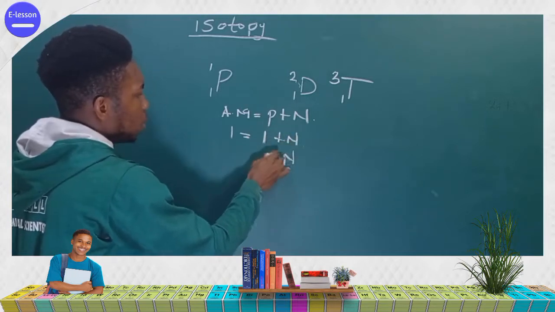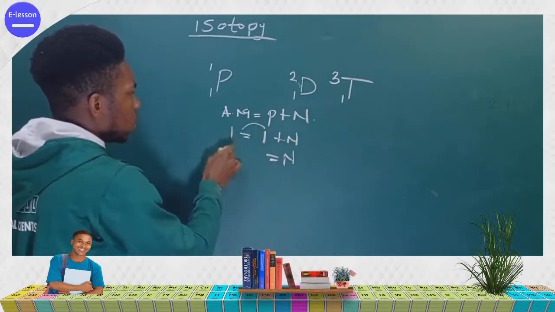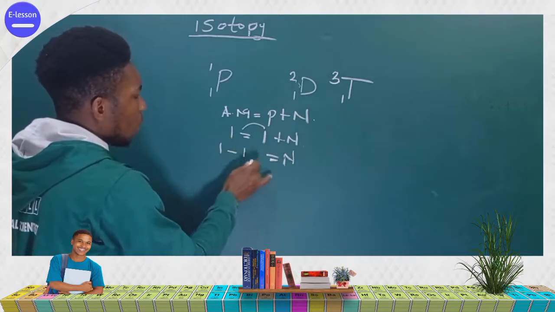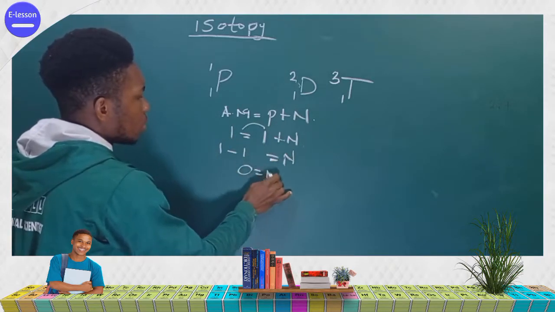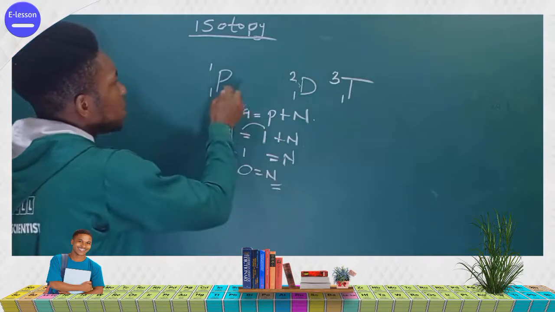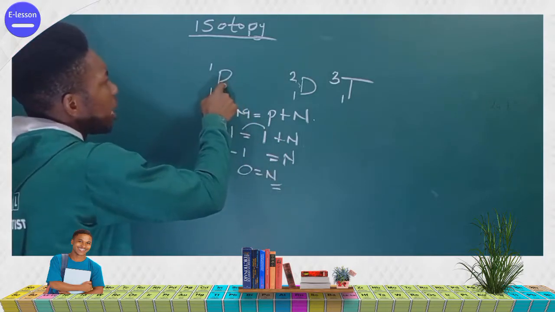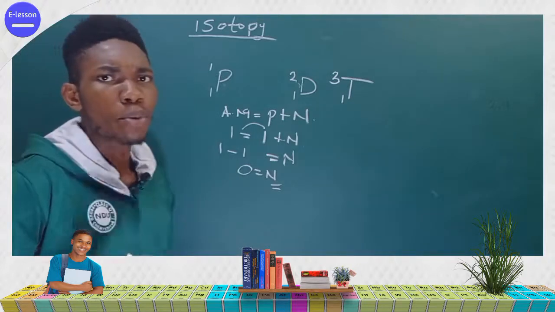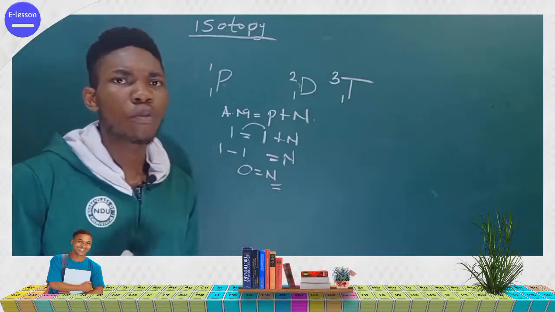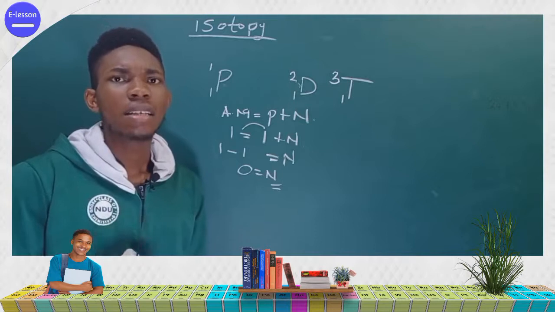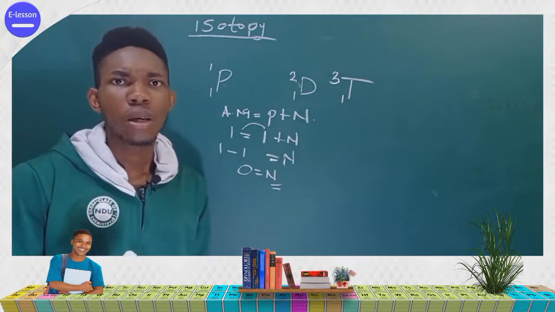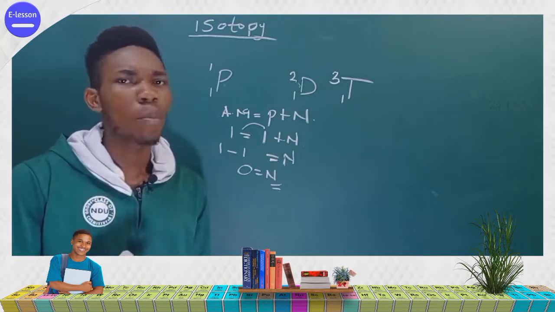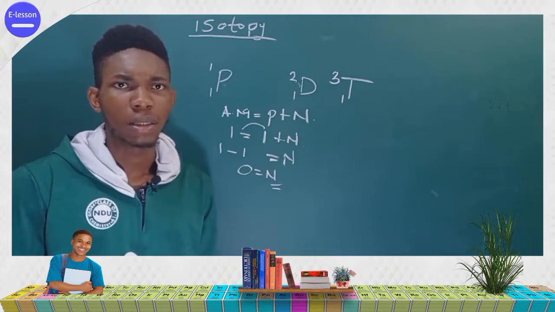Our n will be equal to, taking this one to this side, 1 minus 1, which is 0. It means that this isotope has the number of neutrons as 0. That is to say that protium, as an isotope of hydrogen, has number of neutrons as 0, atomic mass as 1, and number of proton as 1.